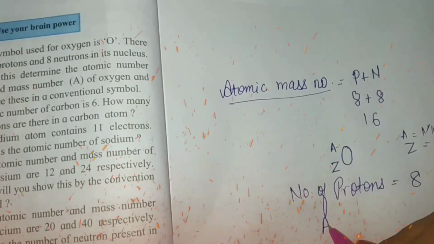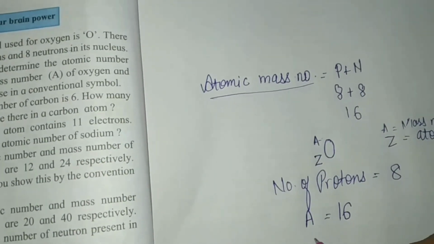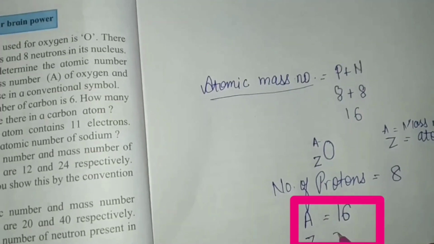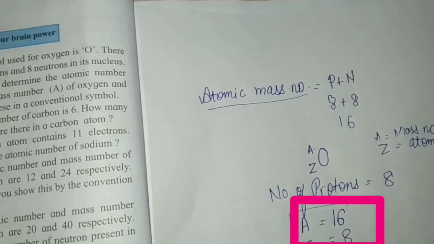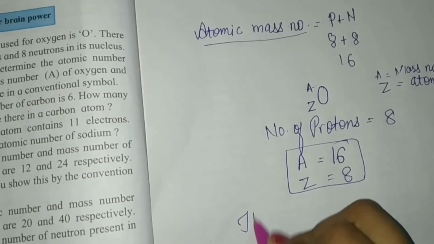So atomic mass number is 16, whereas atomic number is equal to 8. Here we got this. So how can we write this? We can write this in a conventional symbol.